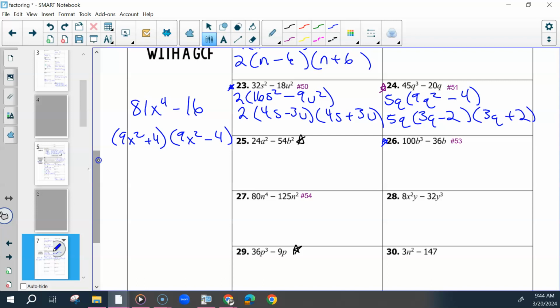So if you got something like this, we broke that down into our two factors. However, when we did that, we created another set of difference of squares because this is all perfect squares. So you have to break it down again. You would just bring this one down because we can't do anything with that. It doesn't have a GCF. We can't use difference of squares.